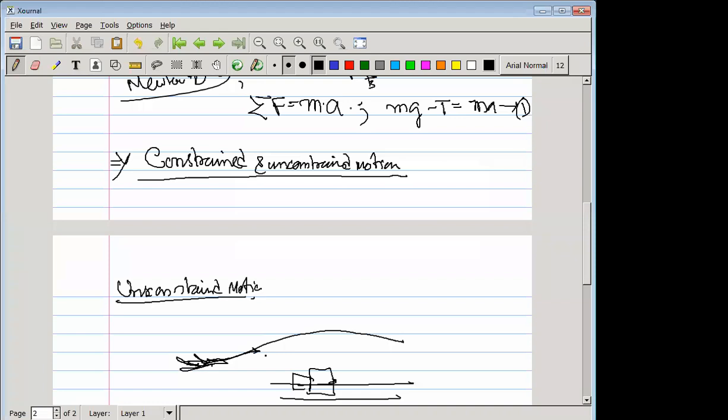Next one is the rectilinear motion. In rectilinear motion, if we consider a linear movement and apply force in that linear movement, then we can say that is a rectilinear force system.